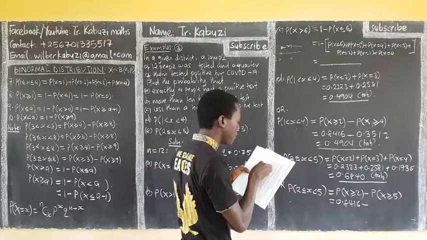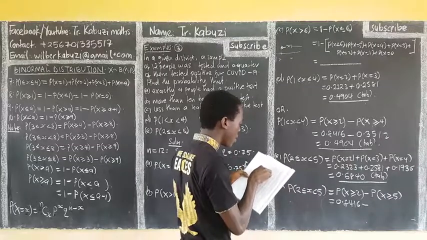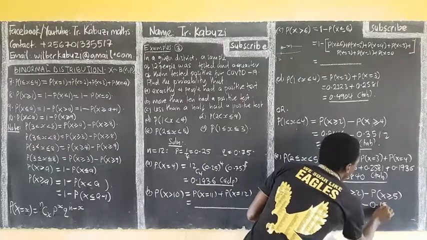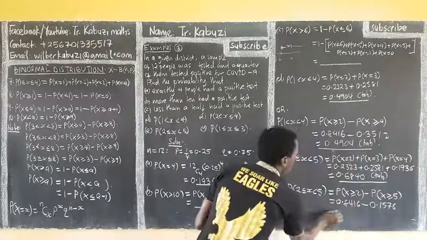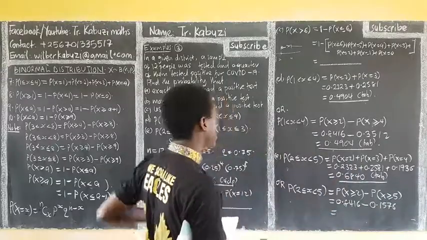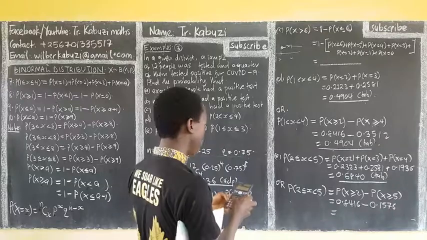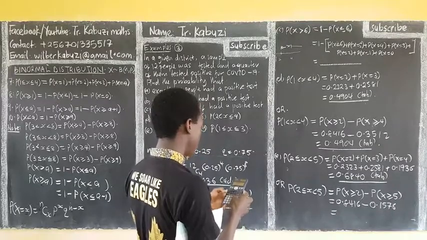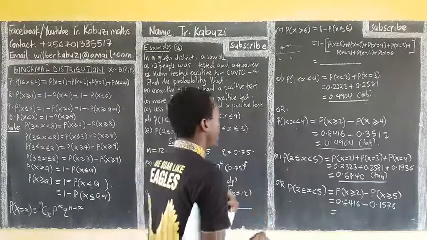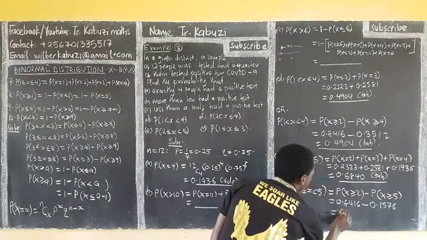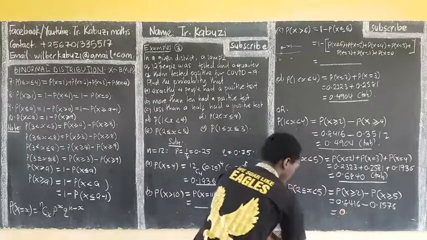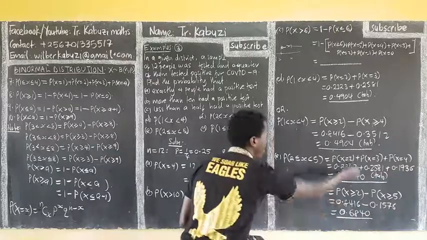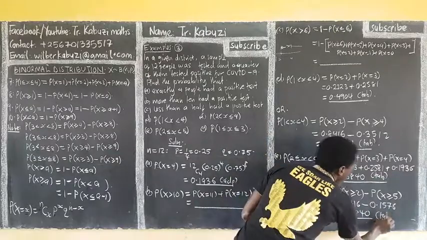In cumulative, it's 0.1576, and then you press your calculator and subtract those two things. 0.8416 minus 0.1576, the answer I'm getting is 0.6840. That will be the answer. This is the same, but here we have used a table.